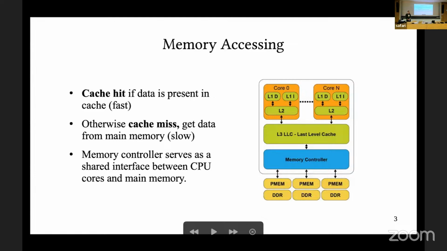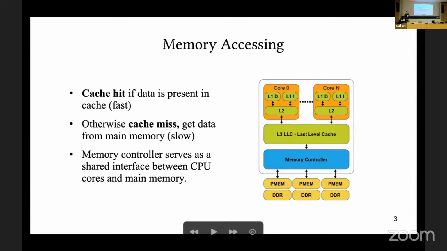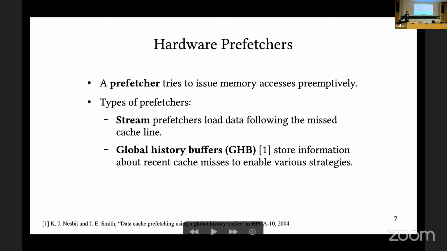There are a few types of prefetchers you can discern between. Stream prefetchers, for example, just try to keep it going, right? You see you've used these 10 addresses, so let's just load the 11th, 12th, and so on. That's the heuristic there. But you can do it a little more smartly. You can use information about your cache misses to deduce more about what you might need in the future.